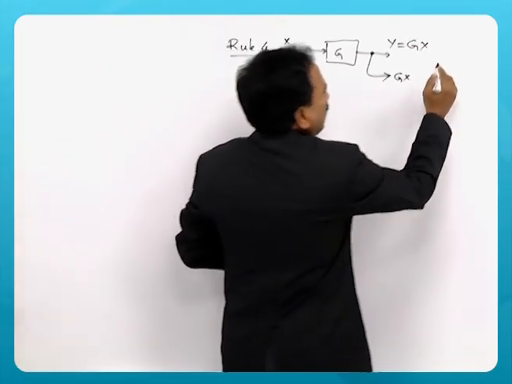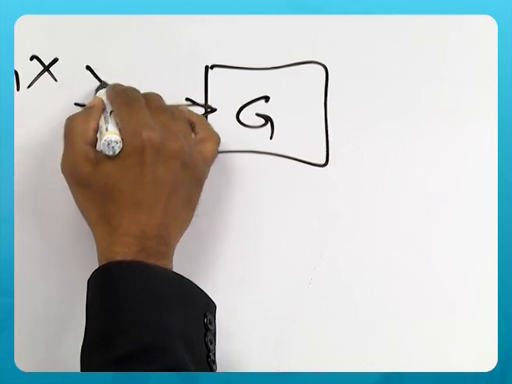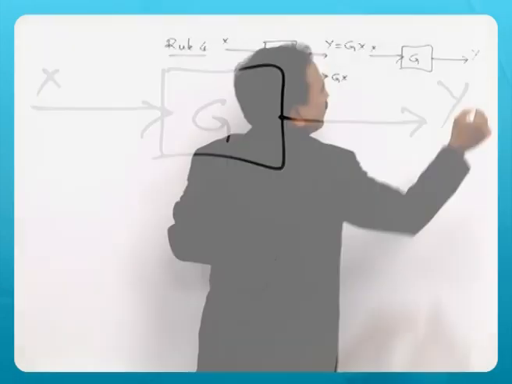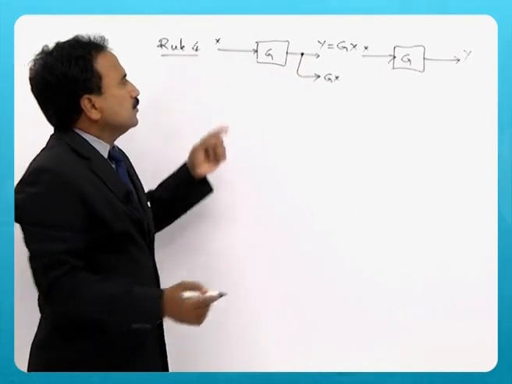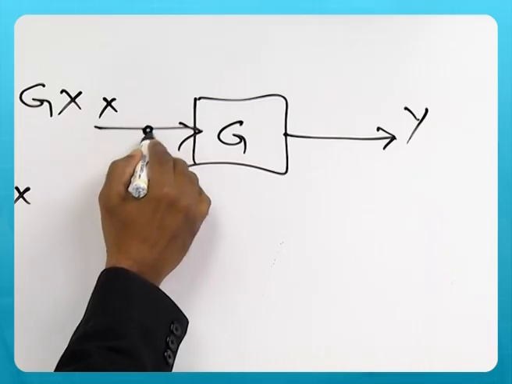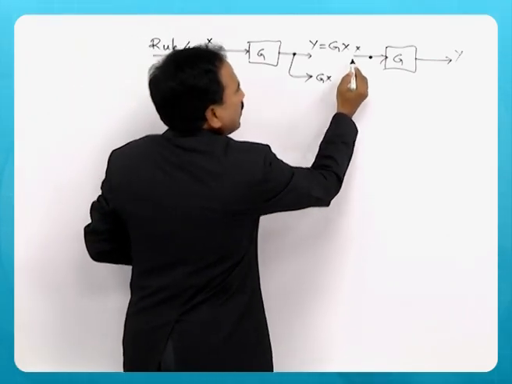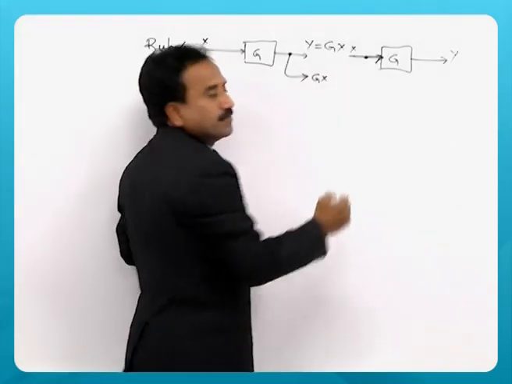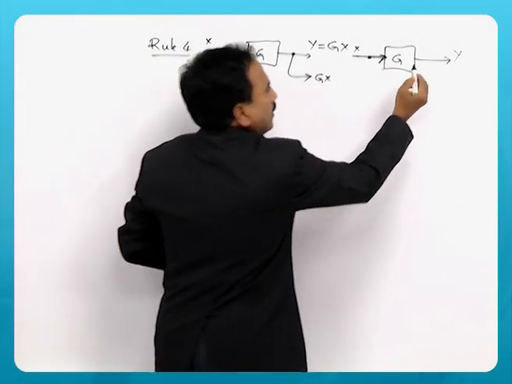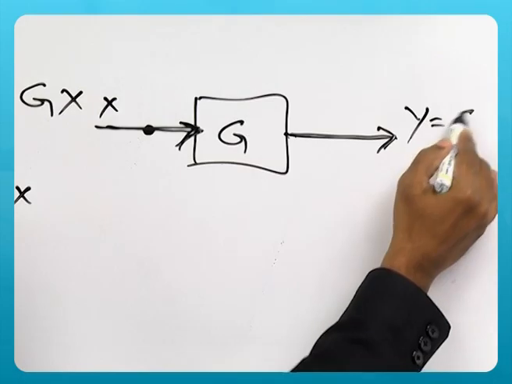Now let me put G, X and then Y, but I want to shift this takeoff point to ahead of a block. So as you know, the signal available in this path is X, and the signal here is Y, that is equal to the product of these two, Gx.